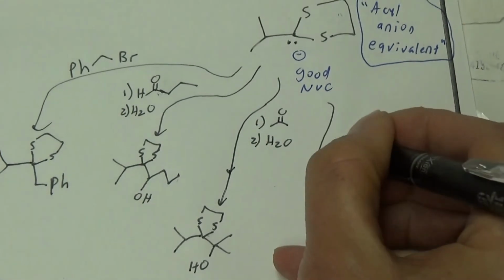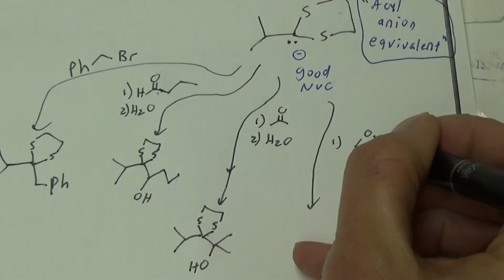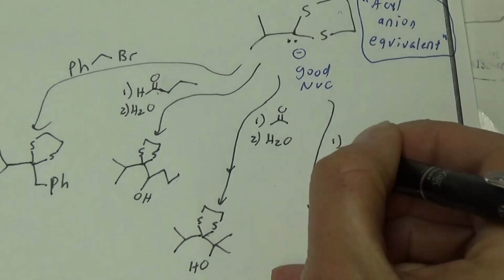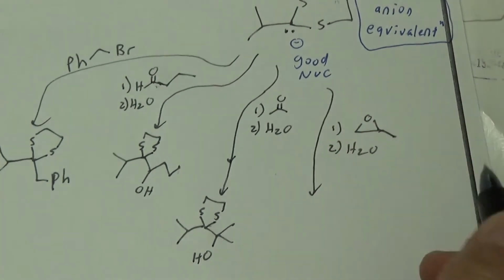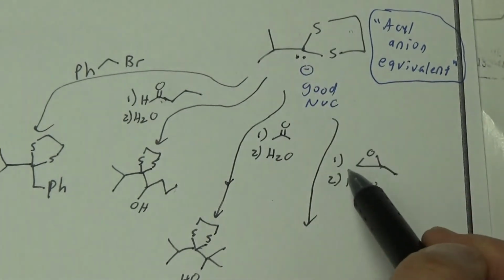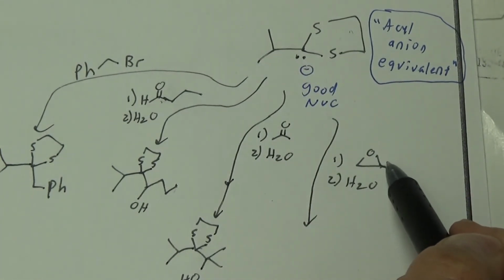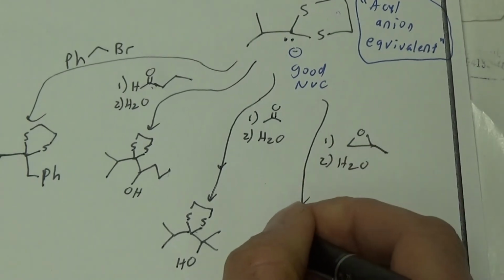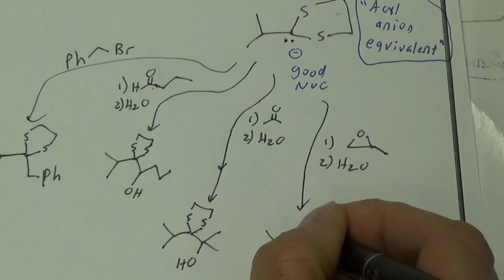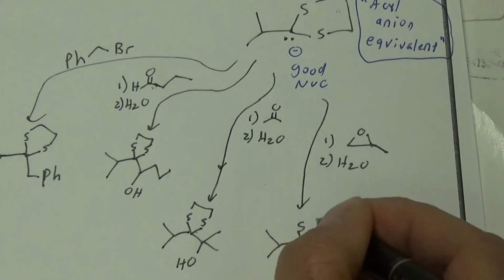We could maybe attack an epoxide. Remember, when you attack an epoxide, it attacks the terminal carbon, and that displaces the hydroxy to the neighboring carbon. So now it's going to look like that. That's all organic 1 stuff.